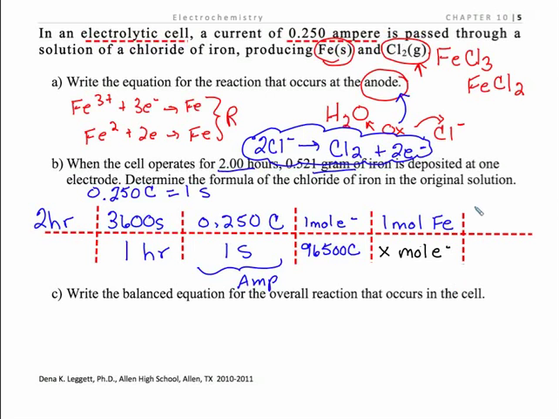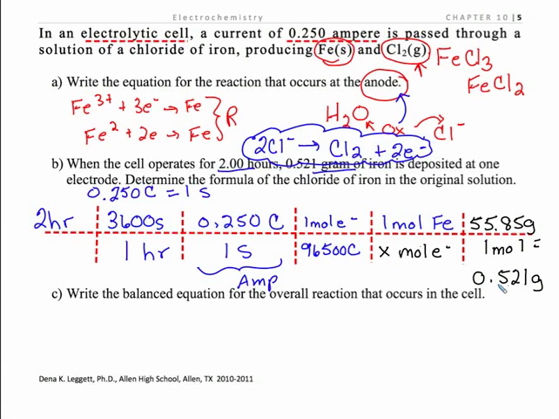So there's a couple of ways you could do this, but I'm going to go ahead and do it this way. We've got 55.85 grams per 1 mole. Now, the problem tells us that when we do this, this is equal to 0.521 grams.